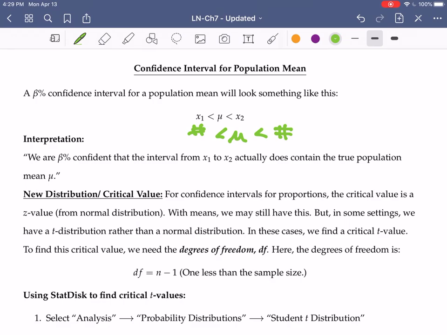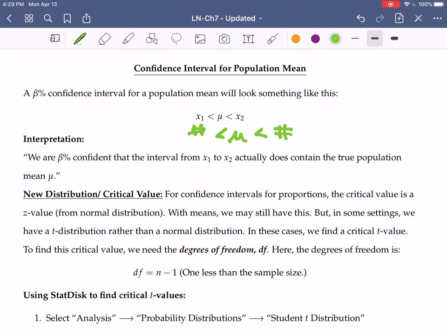After we get this, just as we did with the proportion confidence intervals, you should imagine the mean for the population is some fixed value. It is this number that's not changing. So the thing that's changing is the confidence interval, based upon what sample we happen to have taken.